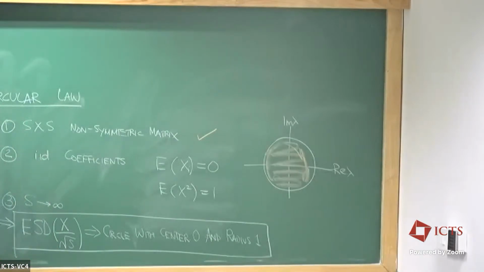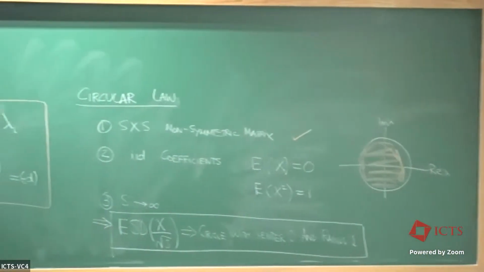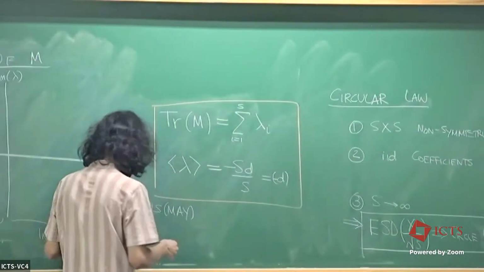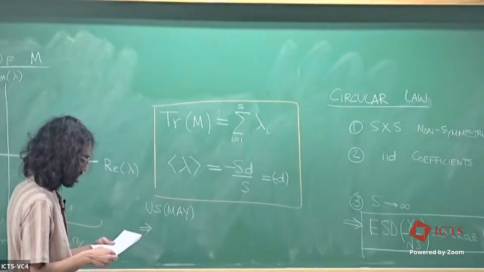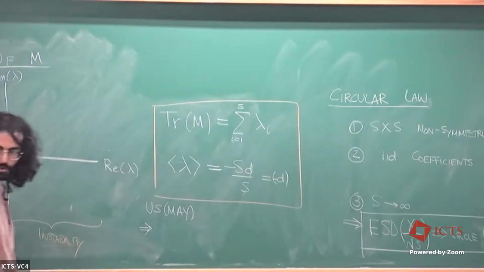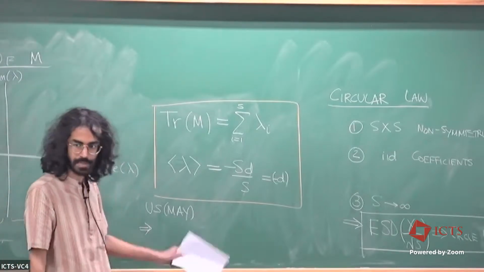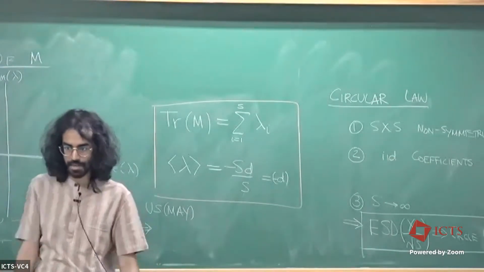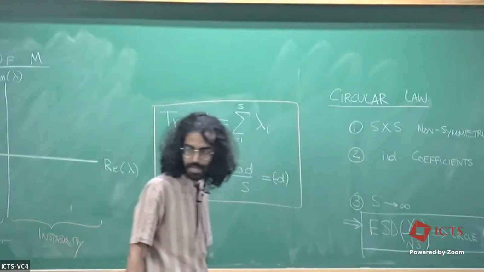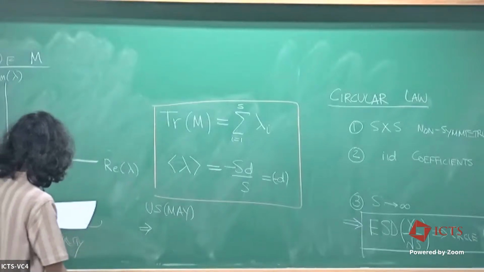So in our case, or May's case, we can always, of course, scale out the mean. That is just going to give us a center. The mean is just setting where the center is. The only thing that we really need to care about is this second moment bit, right?